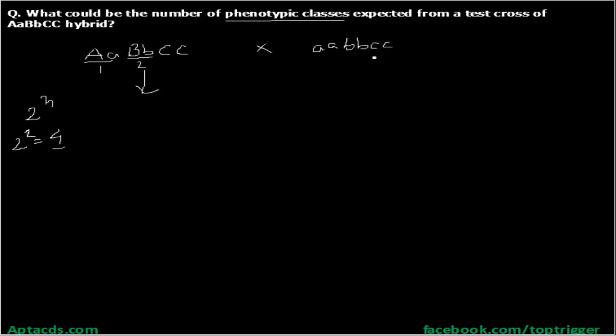This other genotype is going to form only one type of gamete, that is small a, small b, and small c. So let's see the total number of genotypes that are going to be formed out of these combinations. The 4 possible gametes formed by the parents are like this.